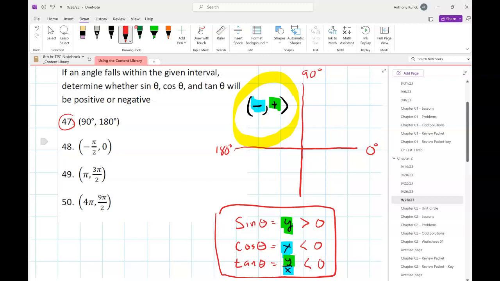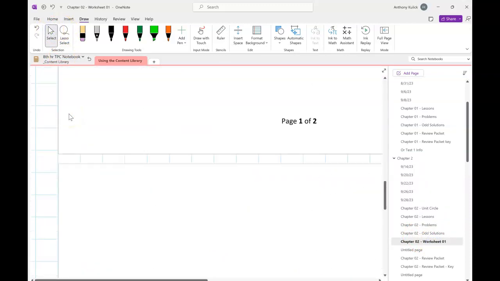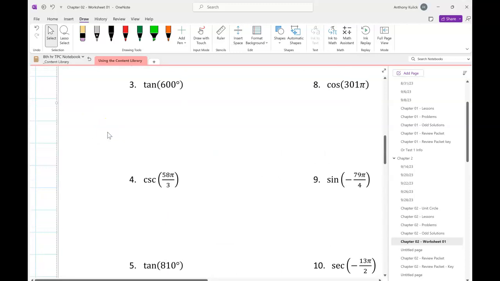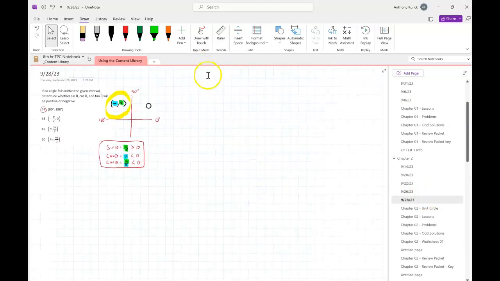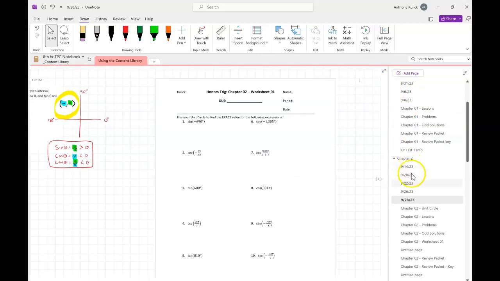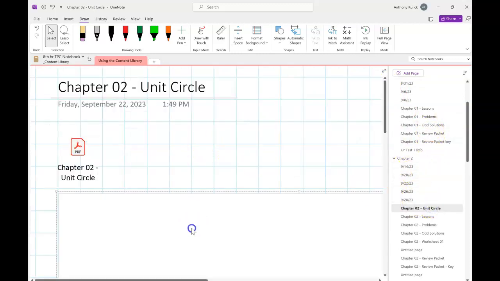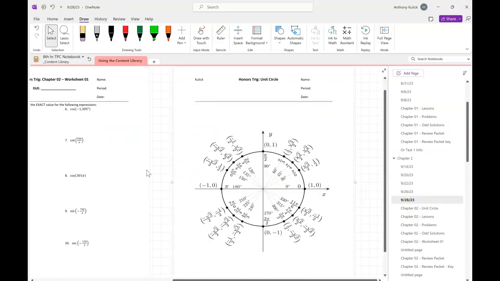Lexi. Can we do number 8 on the worksheet? Sure. I'm going to drop a unit circle in here so that we can refer to that.